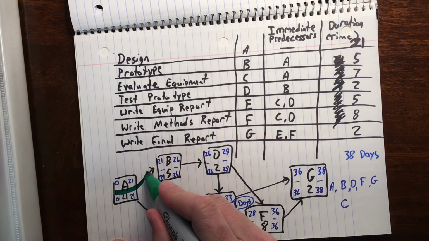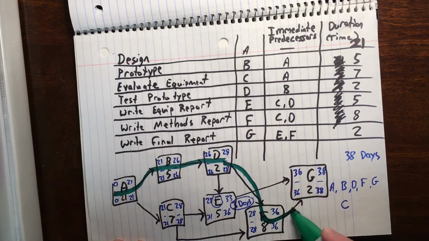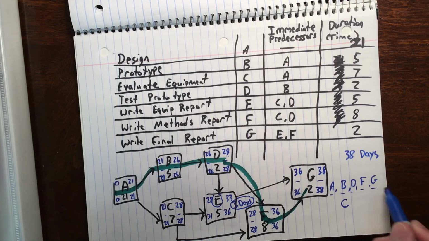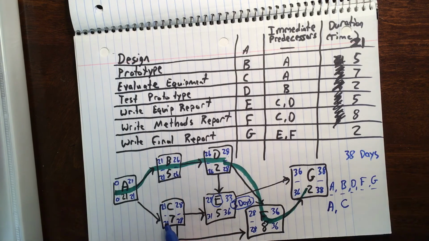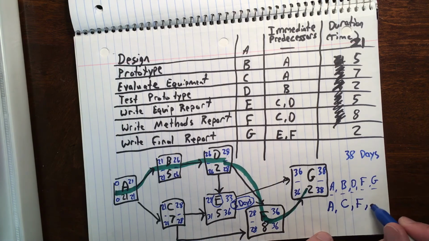From A to B to D, down to F, over to G, there's no slack time. So that's what I have here, A, B, D, F, G. But I also have from A to C to F to G as a critical path.